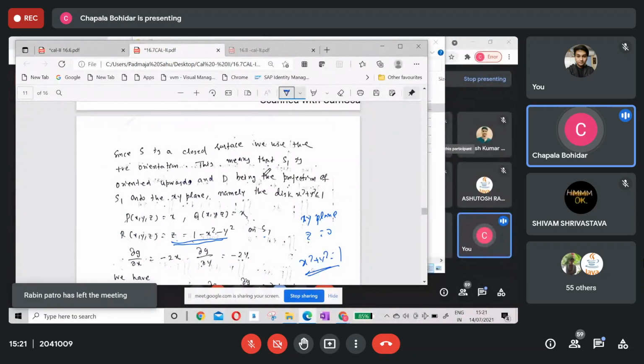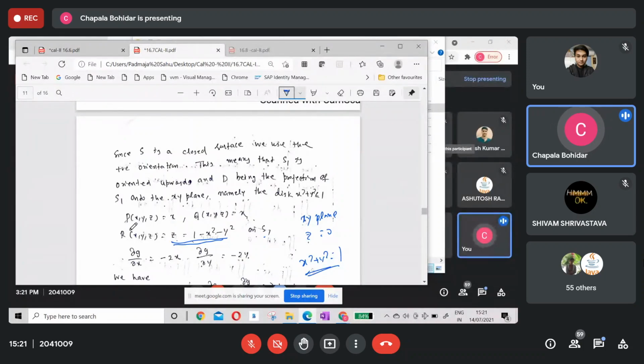This means that S1 is oriented upwards and D is the projection of S1 onto the xy plane, namely x square plus y square is less than or equal to 1.